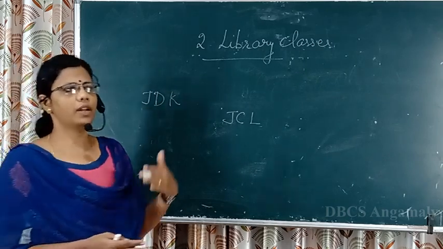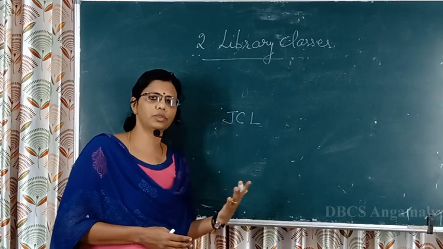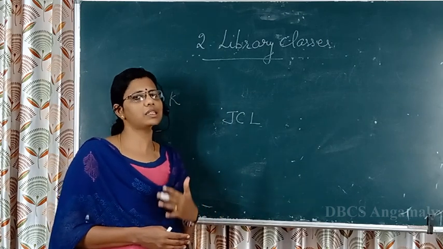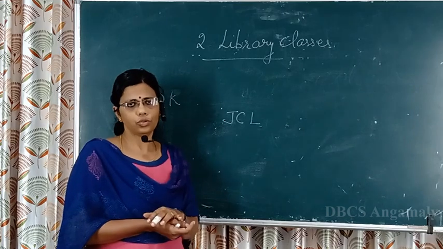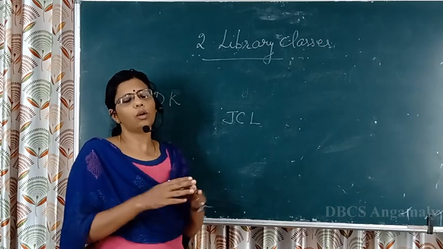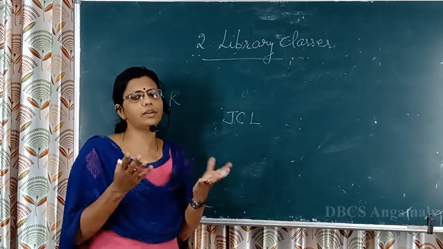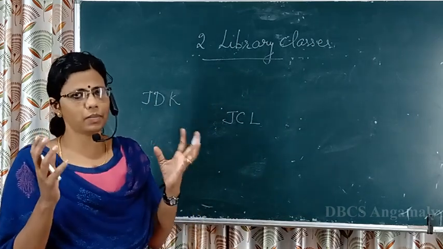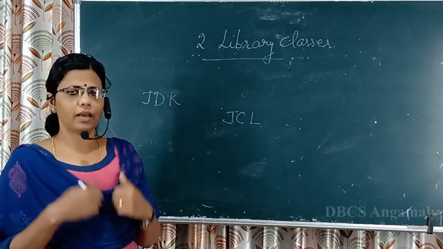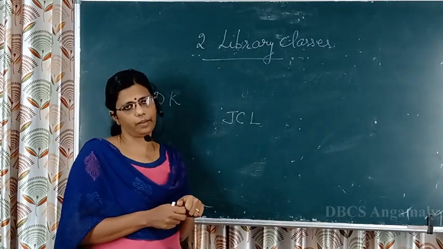Why? Because whenever we are writing a program using Java, it is not easy for the programmer to create classes of his own. So to make it easier, they have already created many classes, and we just make use of these classes when we are writing our program.